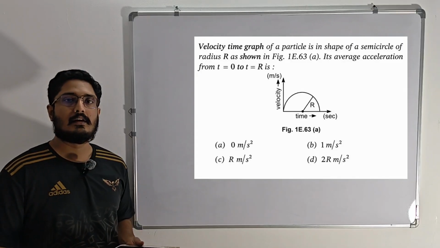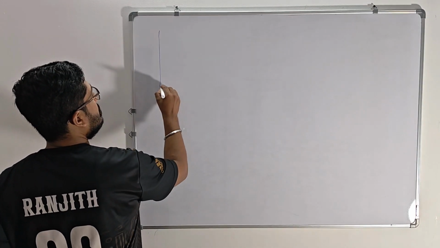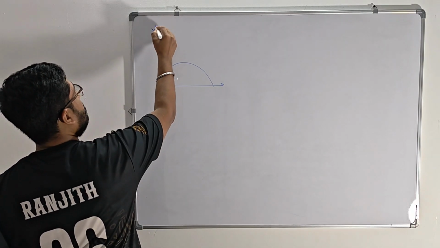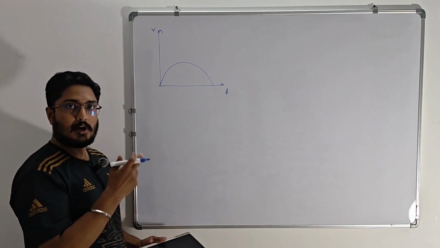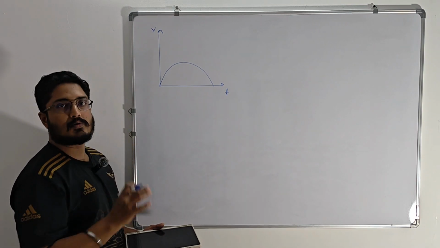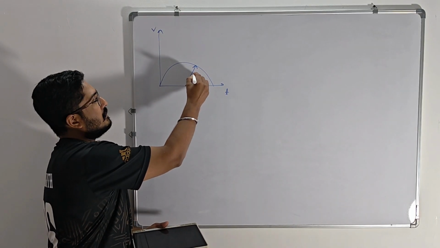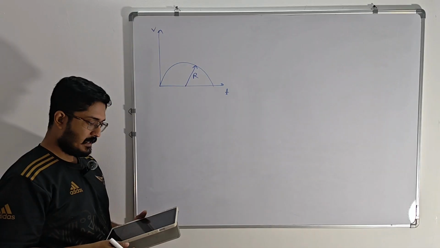Now, as you can see, they have given you a diagram like this. This is velocity and this is time. And this shape that I have drawn, even though it may not look like a semicircle, the question is saying that it's a semicircle, and the radius is r. Okay, this much data is given.